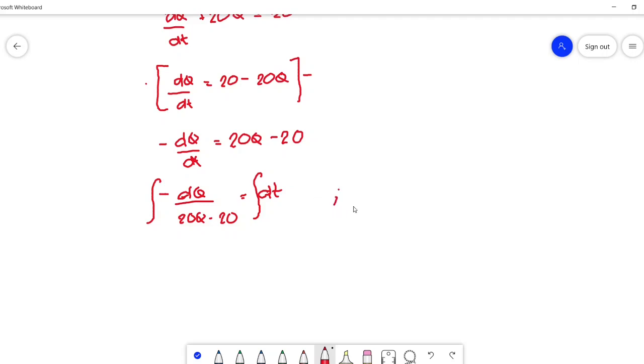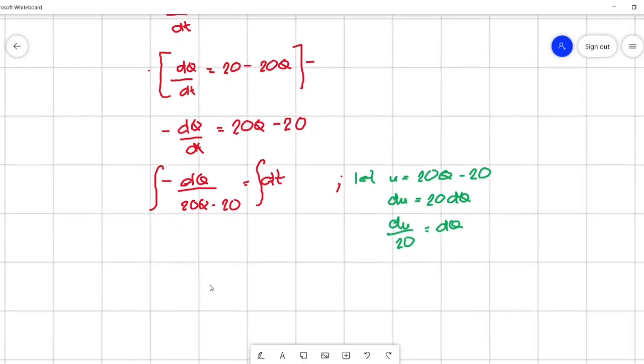Let me use a green color. So let u equal to 20q minus 20. So the derivative of u is equal to 20 dq, or du over 20 is equal to dq. So substituting it, let's continue.